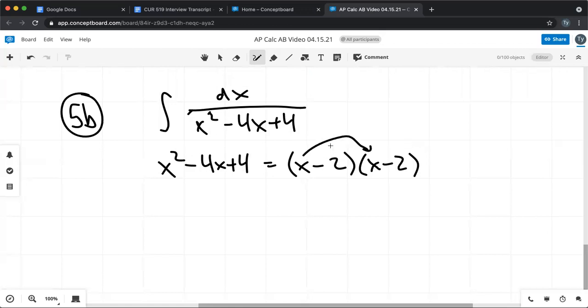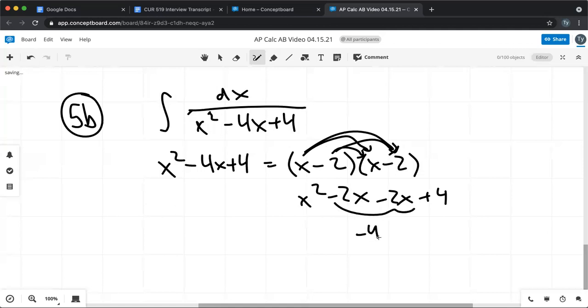If we FOIL this back, we get x squared minus 2x, oops, wrong one, minus 2x again, minus 2 times minus 2 is plus 4. So we can simplify this. This part becomes negative 4x.